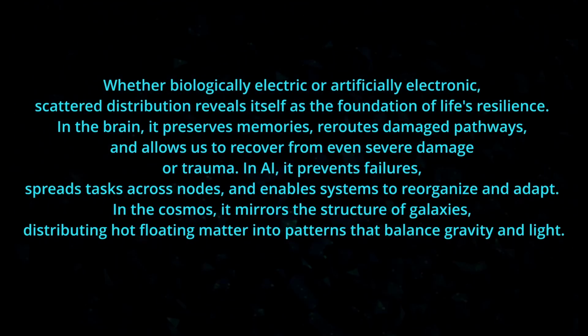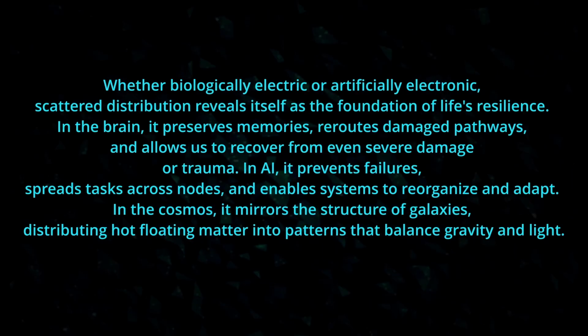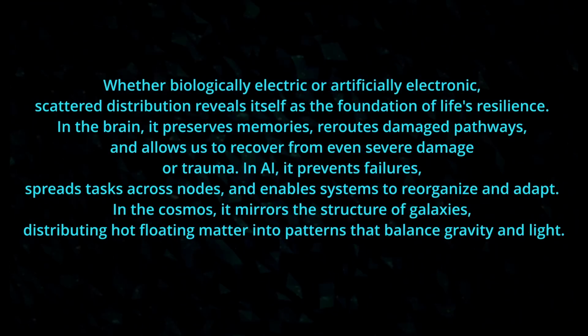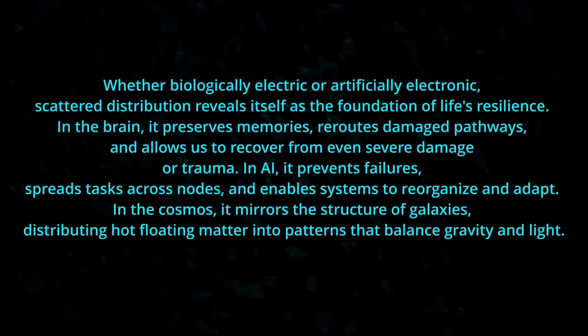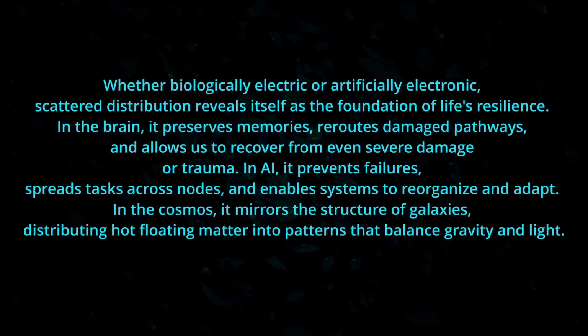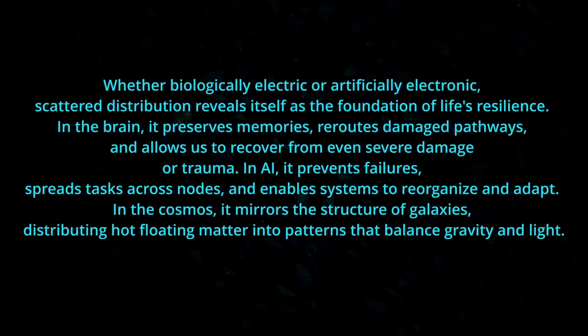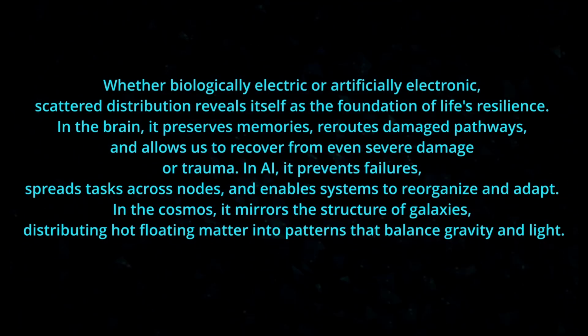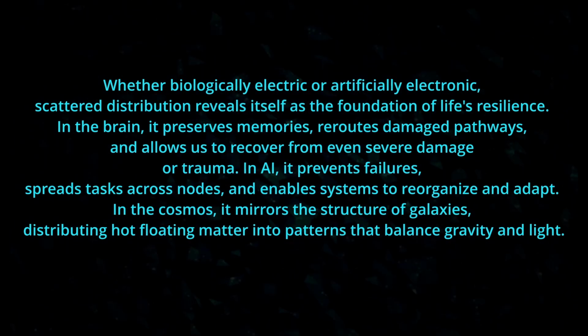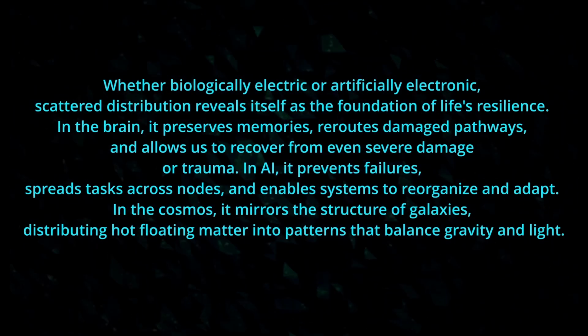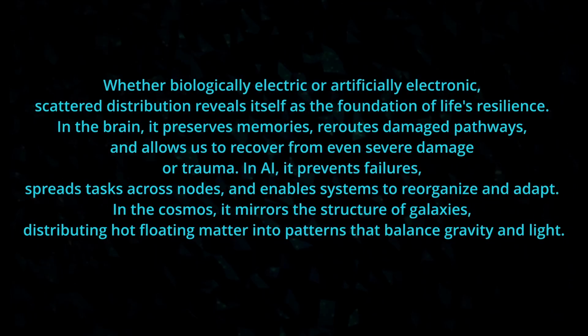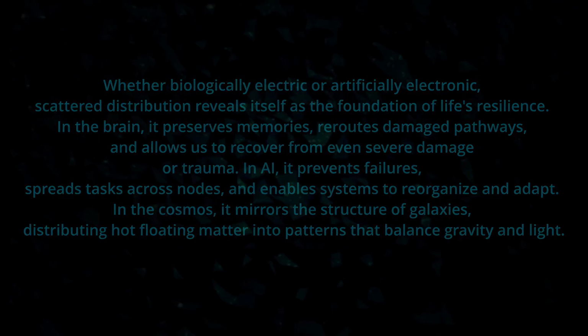In the brain, it preserves memories, reroutes damaged pathways, and allows us to recover from even severe damage or trauma. In AI, it prevents failures, spreads tasks across nodes, and enables systems to reorganize and adapt. In the cosmos, it mirrors the structure of galaxies, distributing hot floating matter into patterns that balance gravity and light.